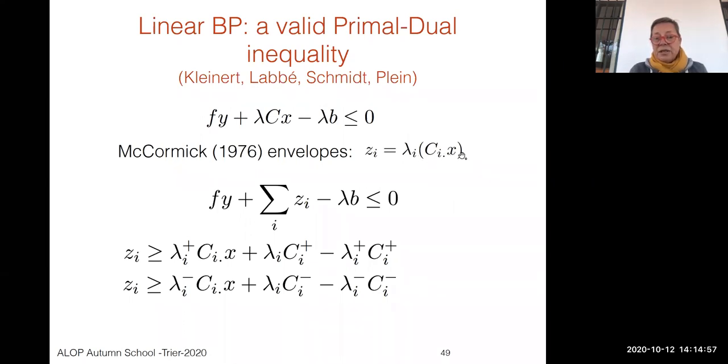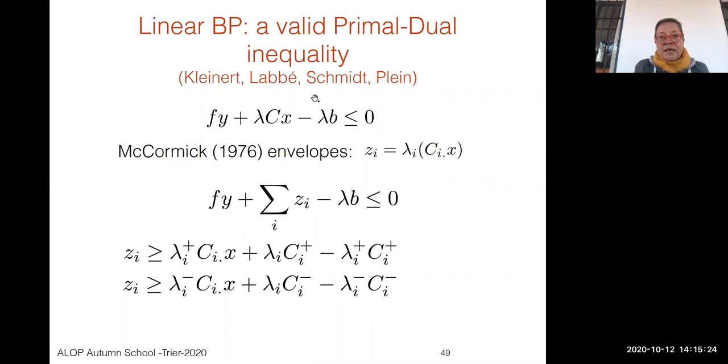And now, given that this is nonlinear, I'm not going to detail this. This is something that is very well known by people working on MINLP, for instance. You can determine linear lower bounds on the Zi, which are the following.